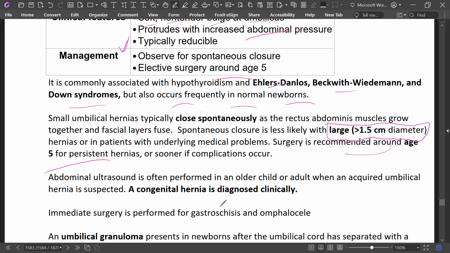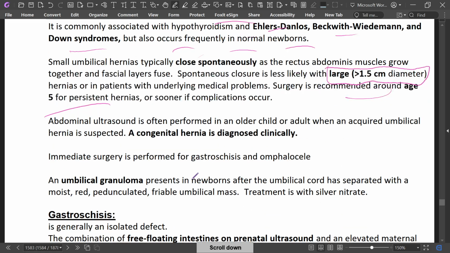Abdominal ultrasound is performed in older children or adults when an acquired umbilical hernia is suspected. A congenital hernia is a clinical diagnosis. Immediate surgery is performed for gastroschisis and omphalocele.